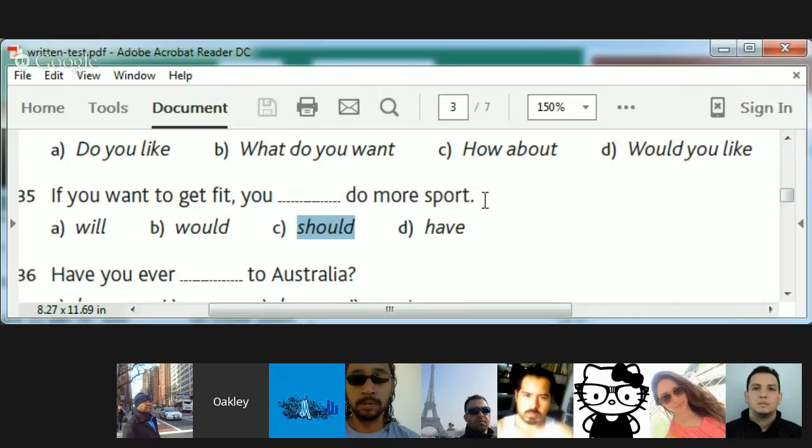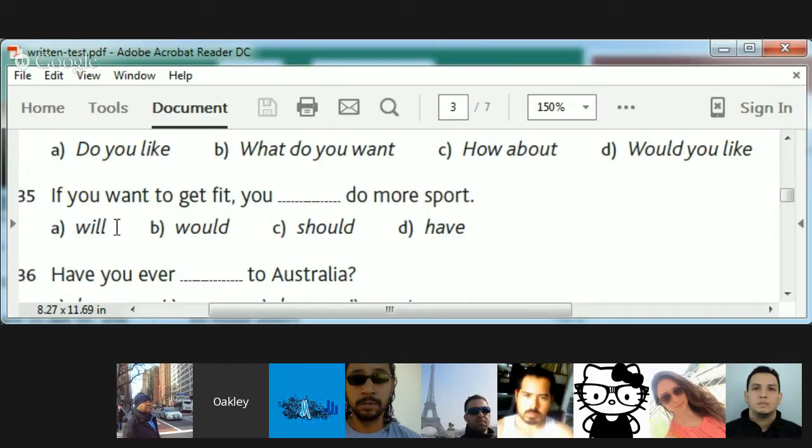What's confusing me is we're using do as the main verb in the result clause. First conditional, if the subject is I, so I need will.